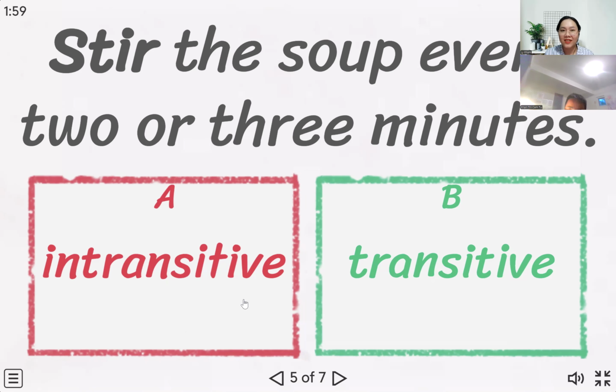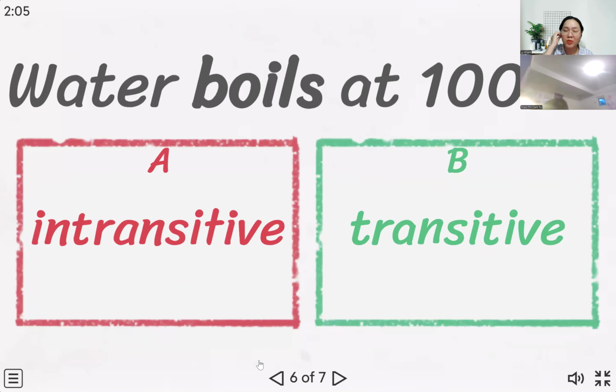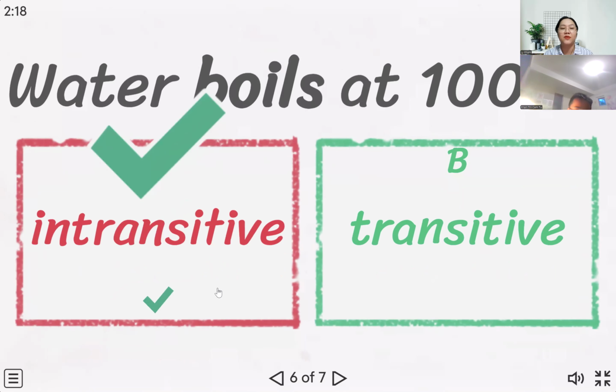Transitive. It is a transitive verb. The soup is an object. Okay. And then boils here. Boils what? No object, right? That's right.